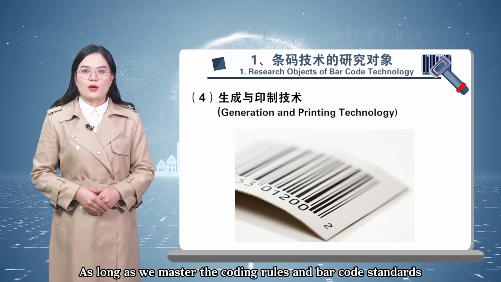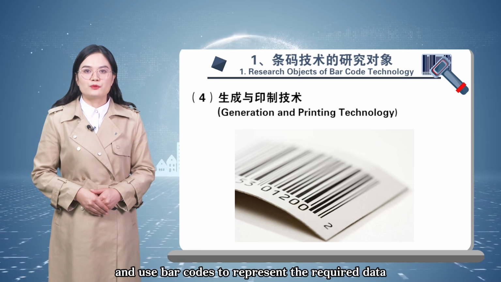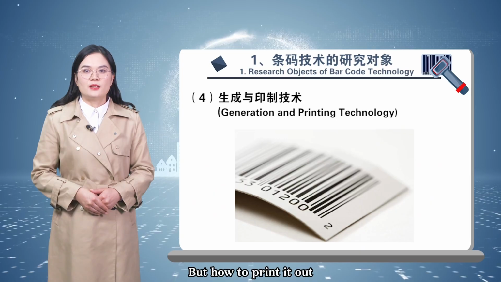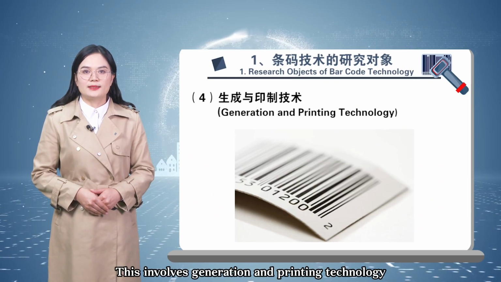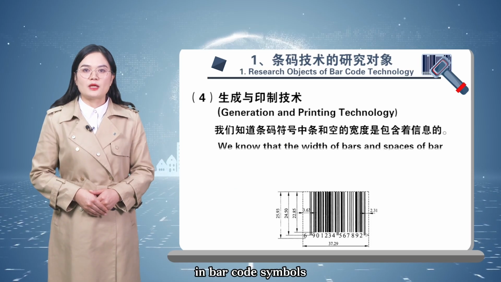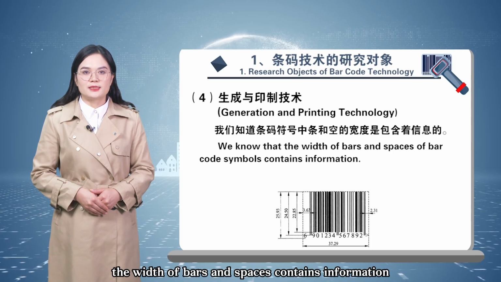4. Generation and printing technology. As long as we master the coding rules and barcode standards and use barcodes to represent the required data, it is not difficult to solve. But how to print it out? This involves generation and printing technology. We know that in barcode symbols, the width of bars and spaces contains information.